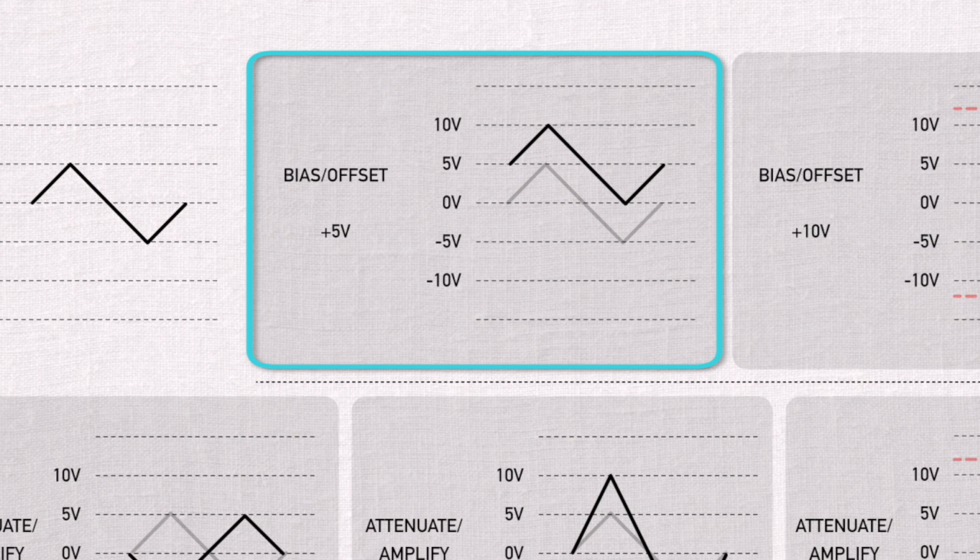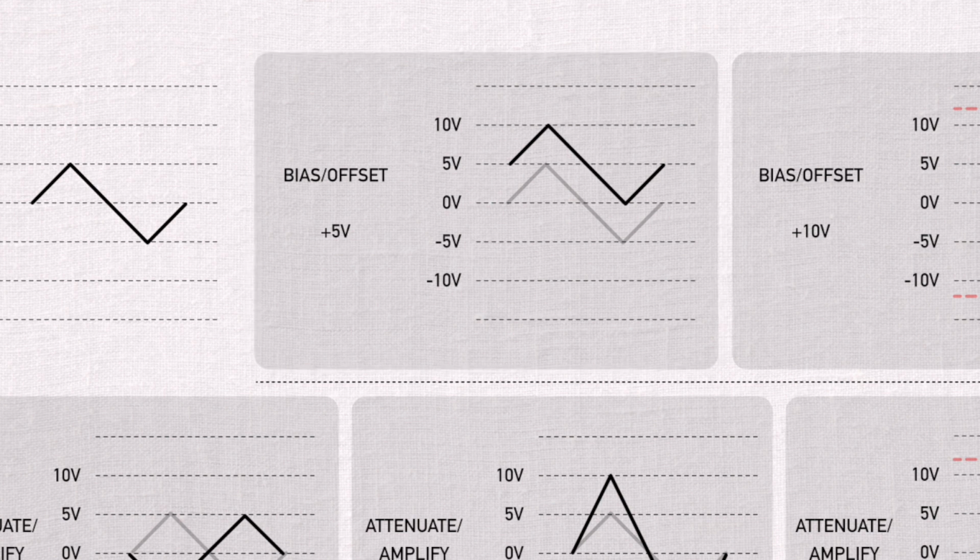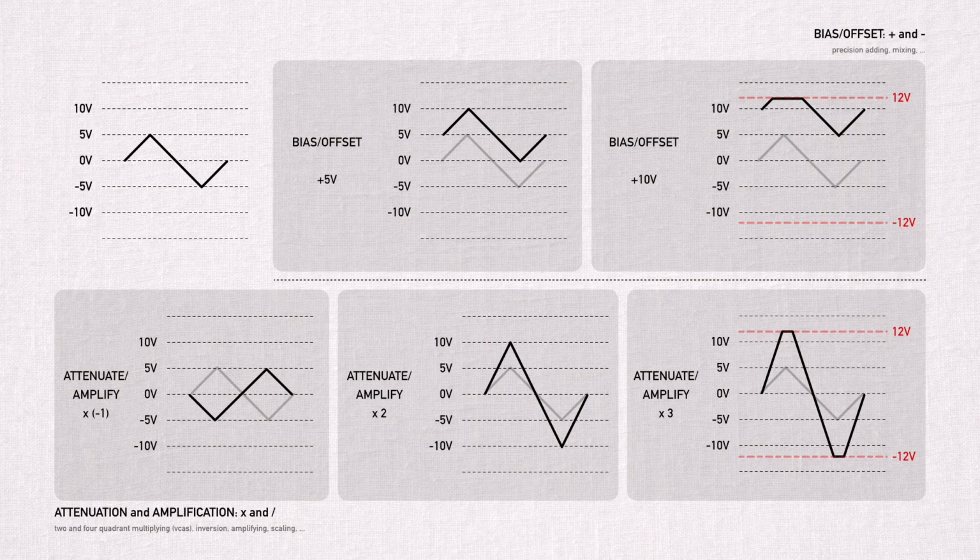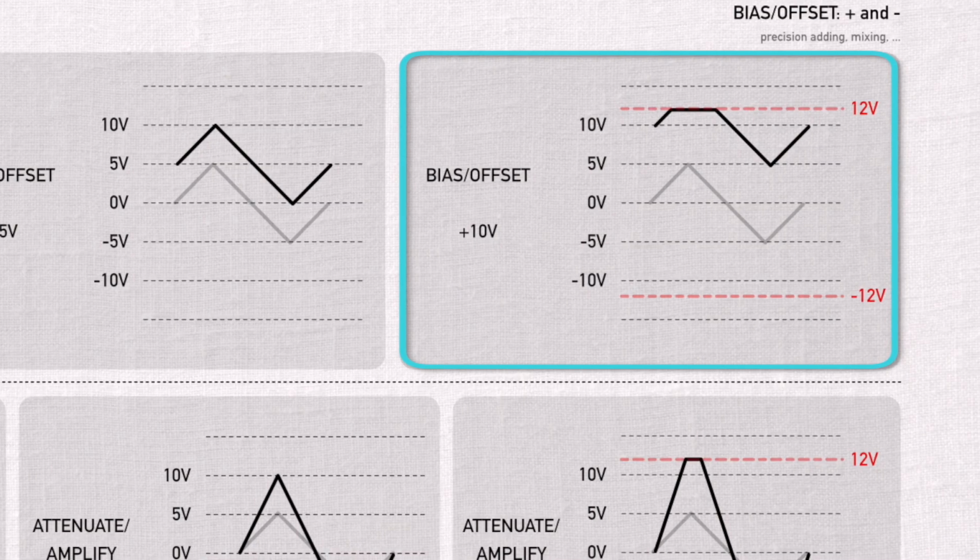Now, similarly, when we subtract 5 volts, and this is still considered bias or offset, it's just negative offset. When you subtract 5 volts, the whole wave will just shift downwards. Then for the next situation, I added 10 volts of positive offset.